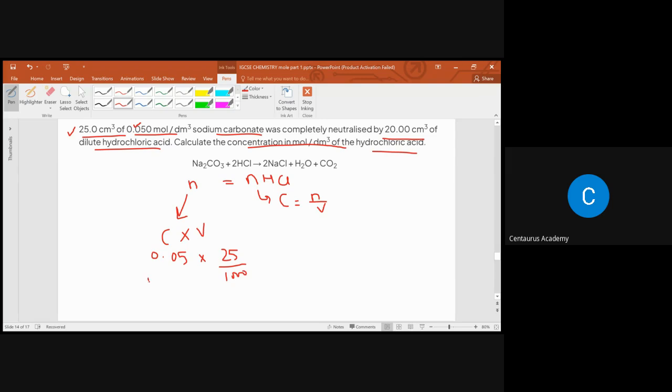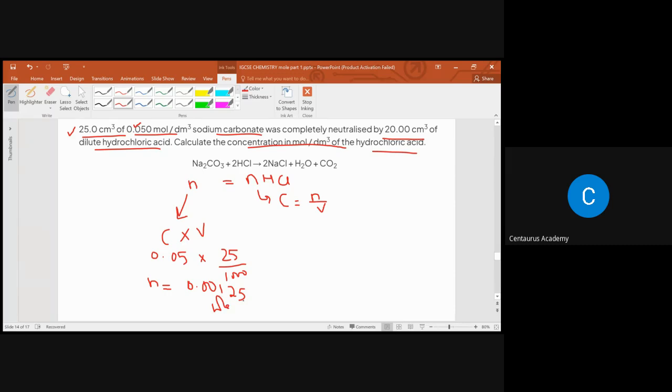So we're going to do this, and then when we find it out, what is the amount of moles of sodium carbonate? It's 1.25 times 10 to the power of minus 3, which means 0.00125 moles. Okay.